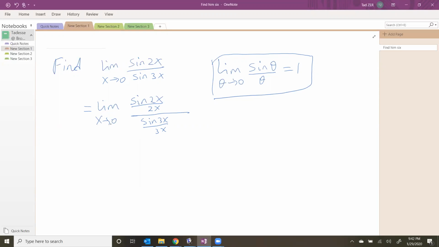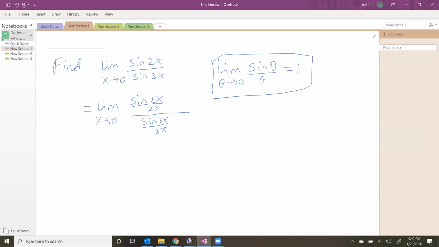Now you may ask, hold on, I see you are dividing the numerator by 2x and the denominator by 3x. Basically you are dividing both the numerator and the denominator by x. That is okay, but the numbers are not the same. This is 2, this is 3. So how do you get rid of that?